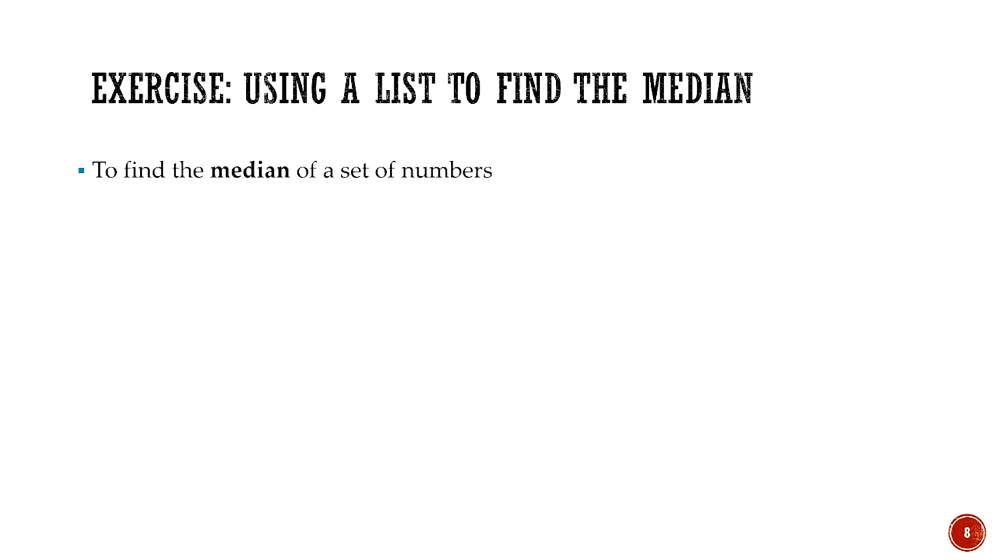So let's try to use the methods that we have learned for list and write a program that calculates the median value. So first, you sort the items in your list, and then you have a selection statement. Using the len function, you can count the number of items in the list, and then if it is an odd number, you calculate the median value, and if it is an even number, you calculate the median value.